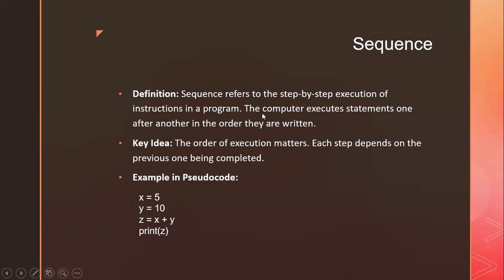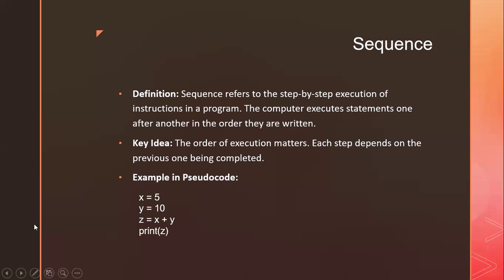The computer executes statements one after the other in the order in which they're written. So when you write code in Java, let's say you have x equals 5, y equals 10, z equals x plus y.